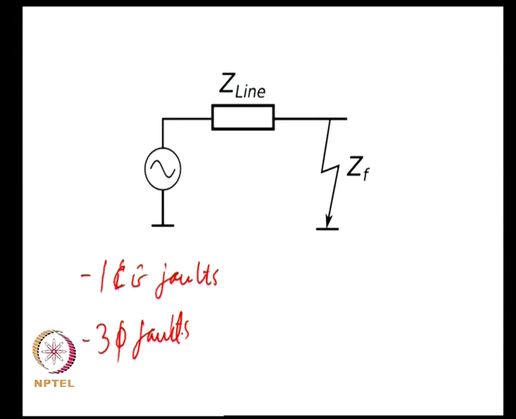Then, based on the ratios for the different varieties of fault types, single line to ground, line to line, etc., you could look at what variations can happen around the solid 3-phase type of fault.